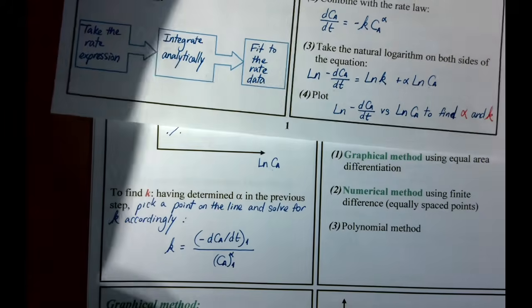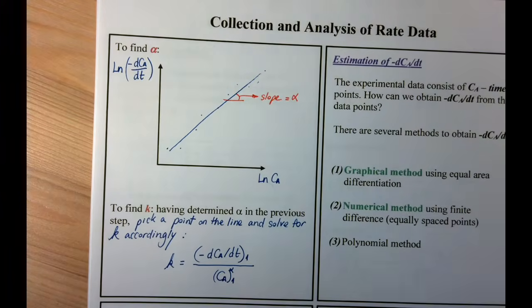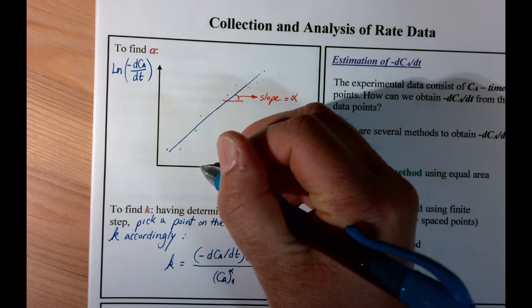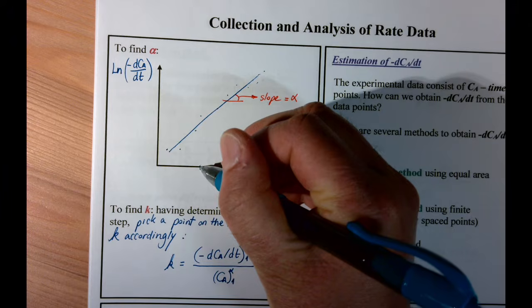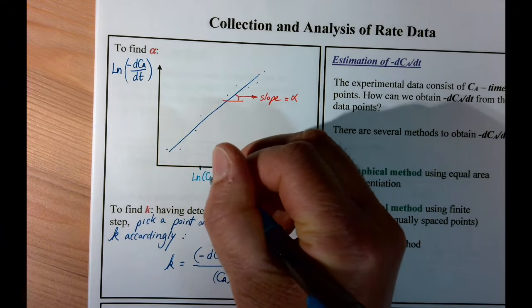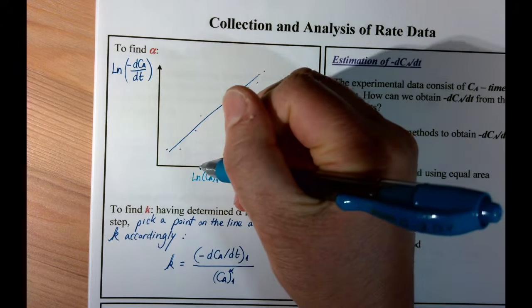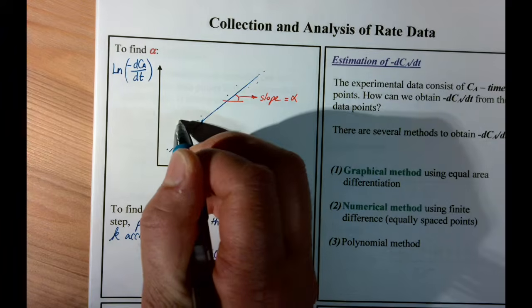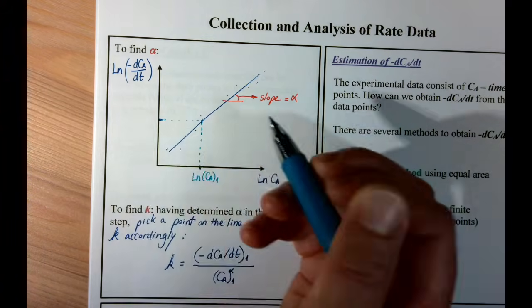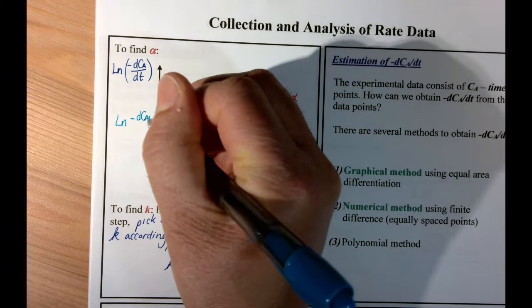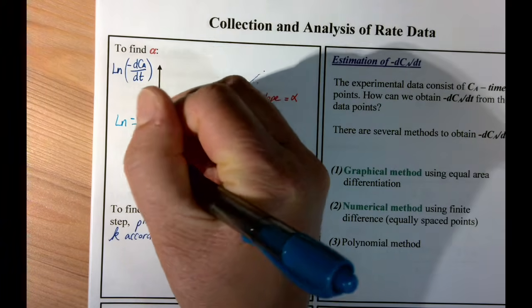In other words, graphically, for CA1, I'd pick this point, which would be natural log of that CA1. I'd come over and find natural log of minus dCA1/dt.